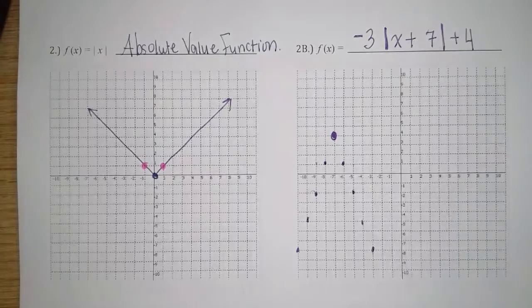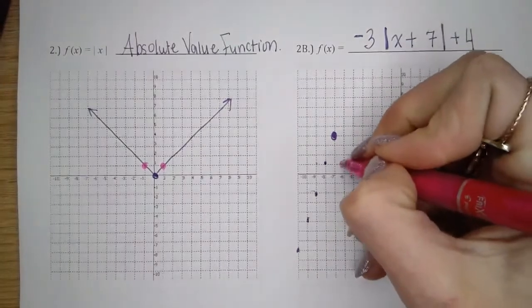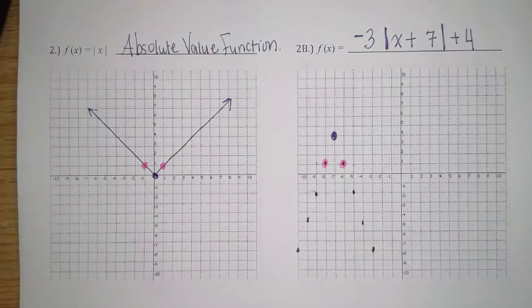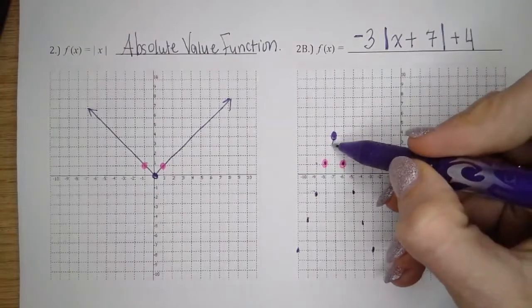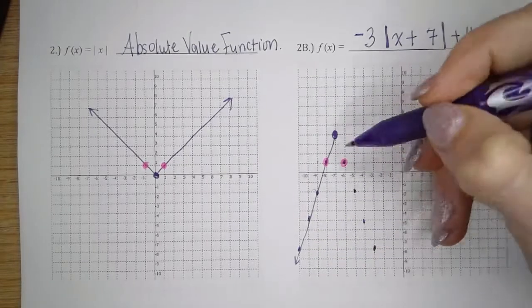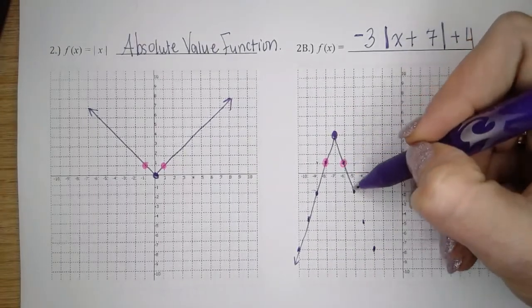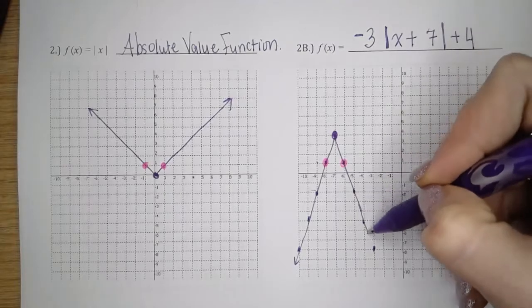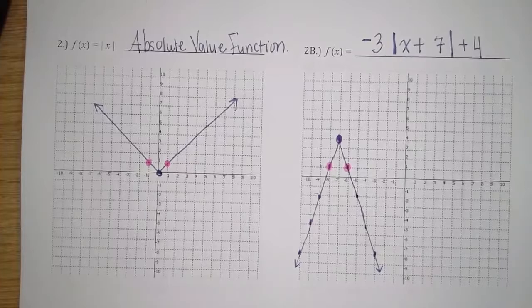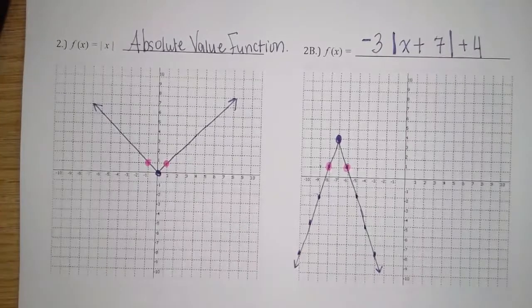Now the points that are my pink points, essentially, are these two right over here. That's what happened to my original two pink points. Just going to connect these right there. And that's what you got. Absolute value function. That's it.